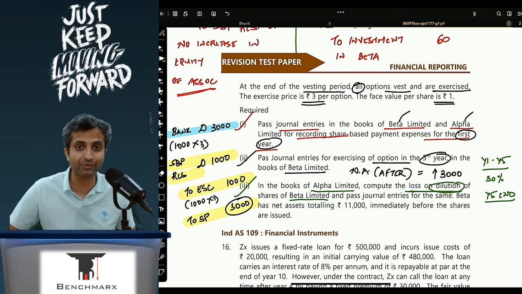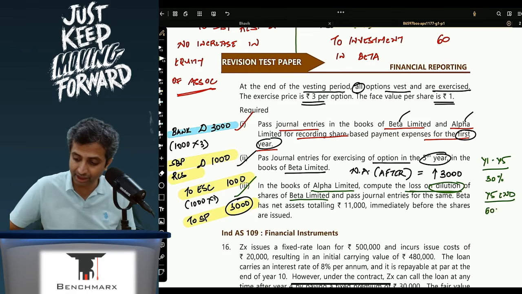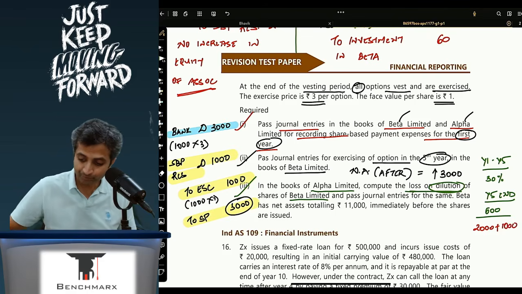Alpha still continues to have 600 only, so I will have 600 now out of, if I'm not wrong, 2000 plus 1000, and hence post this transaction I just have a 20% stake.